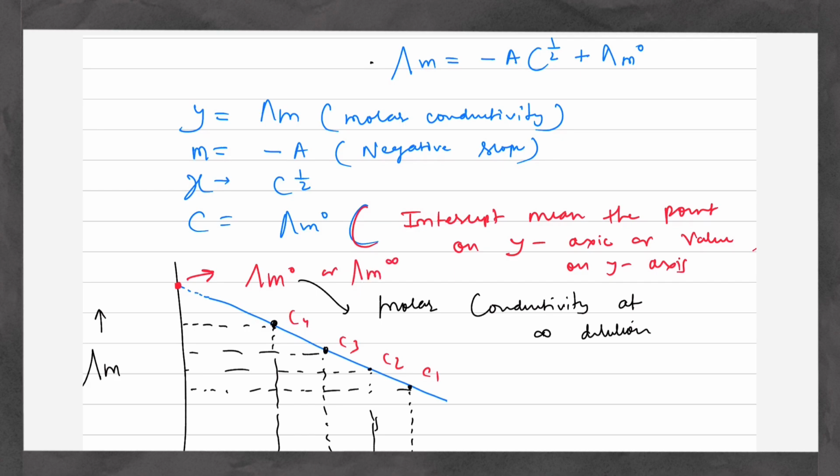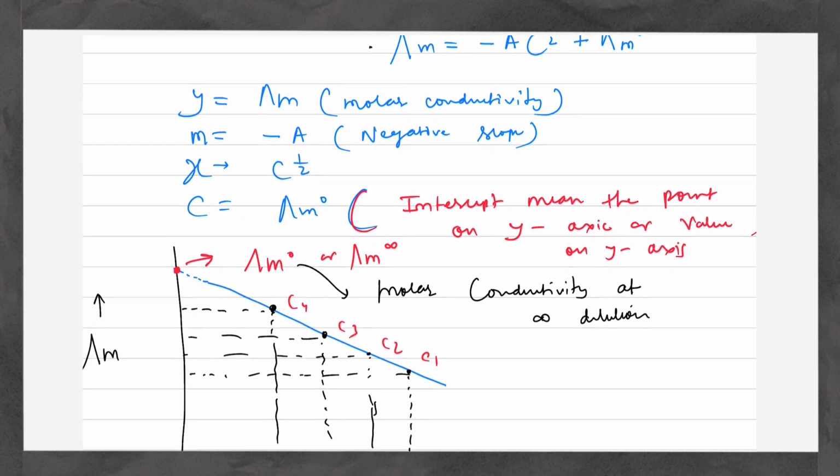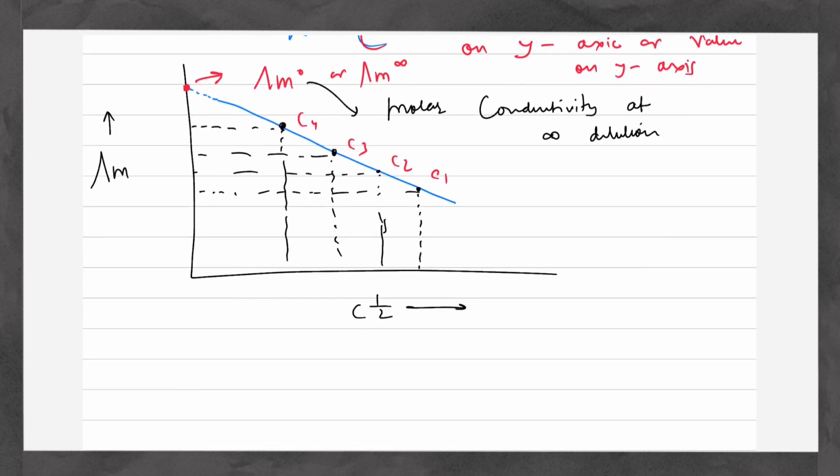By reading the graph, what can we conclude? Here concentration is increasing, but if I go backward, we are decreasing the concentration, or we can say dilution is happening. We are diluting the solution. With dilution, the ions will move apart, and at a point they will be at a maximum distance, or they will not be influenced by each other.